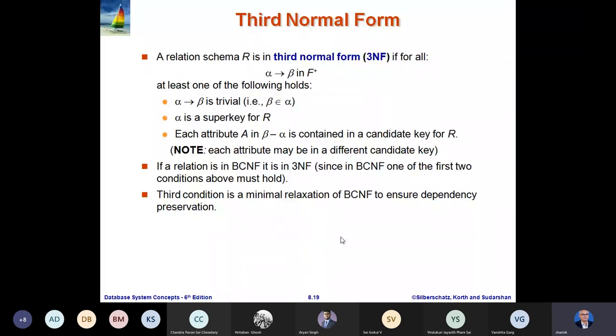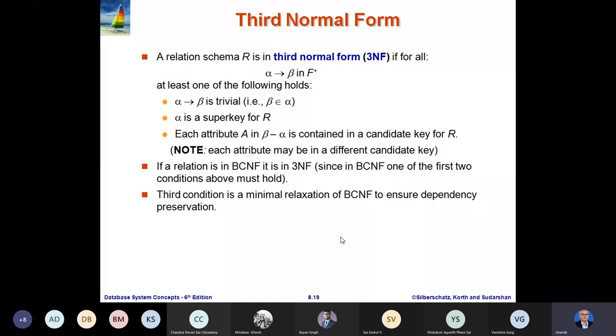So what is that? Each attribute A in beta minus alpha. Again, you see the notation: A denotes an attribute, an uppercase letter, in beta minus alpha. That means the columns which are in beta and not in alpha.